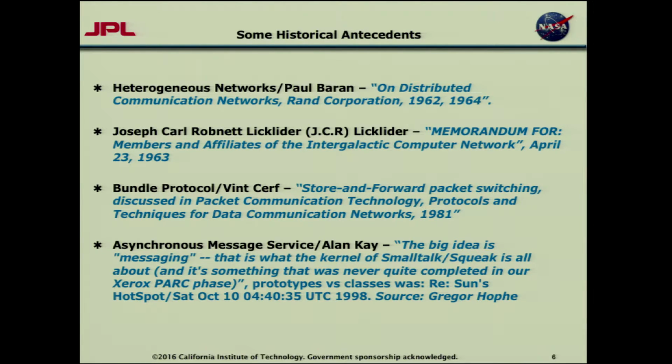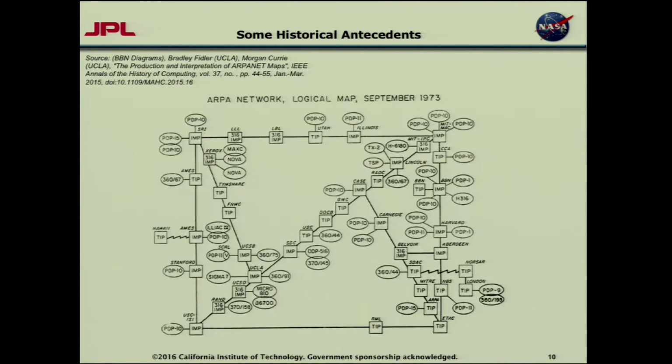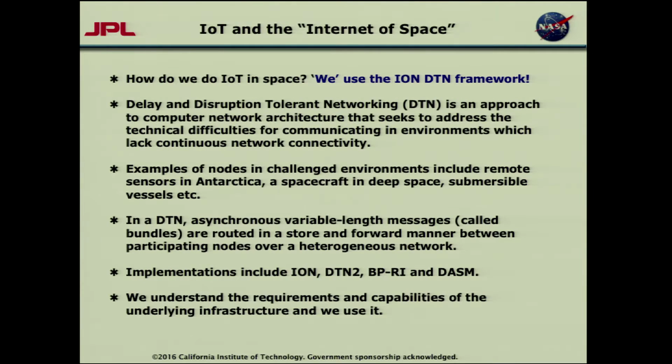So these are some of the ideas. Again, sort of not new. People have looked at these sorts of things. Implementations include ION, which I use, DTN2, which was discussed earlier, ISRO's BPRI, don't know a lot about that, and DASM.